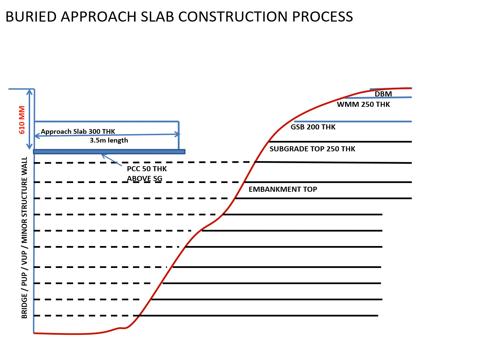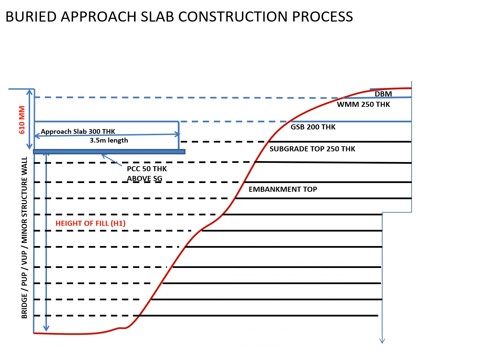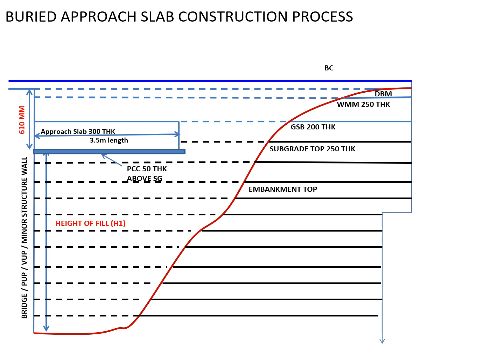That means the approach slab is cast at 300 millimeters below that level, and when you are doing the subgrade top and the GSB top, over and above that you have a 250 mm thick WMM with 100 mm, or 120 to 140 mm, DBM, and thereafter the BC of 50 mm thick. That means the total height, say H1, is divided into H1 and H2.